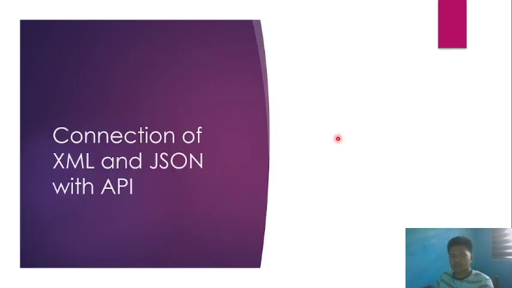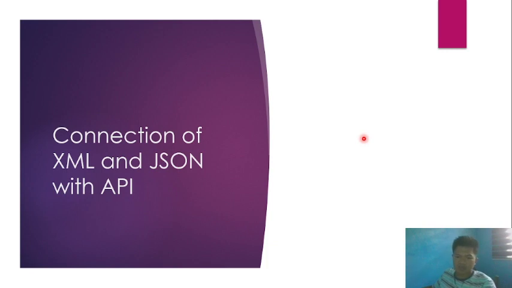What is the connection of XML and JSON with API? JSON and XML are commonly used in APIs as formats for exchanging data between client and servers.